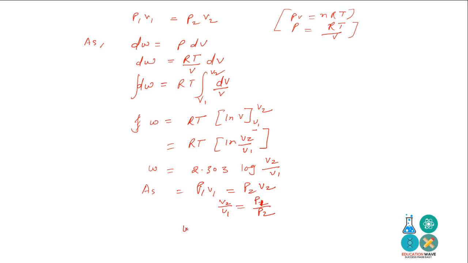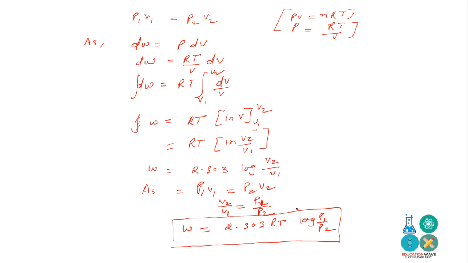So W is equal to 2.303 RT log P1 upon P2. So this is the final mathematical expression for the isothermal process where the temperature remains constant.